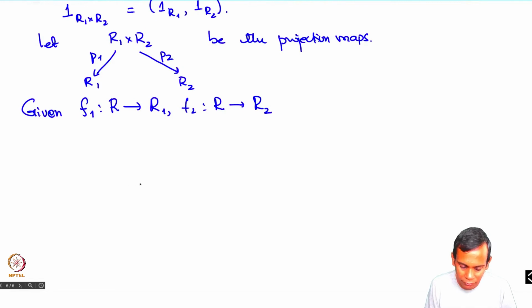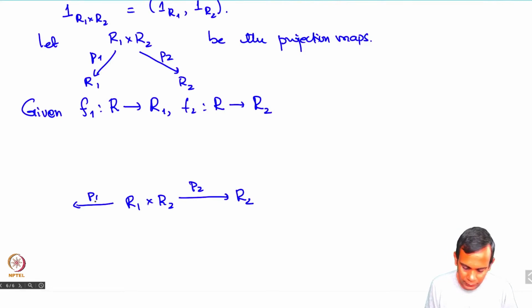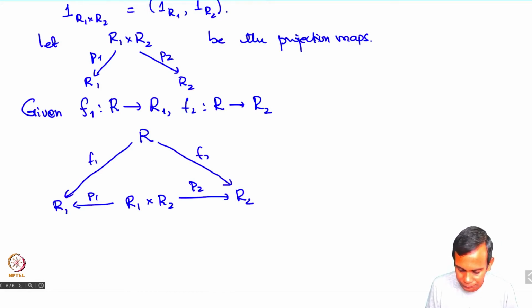So we have R1 cross R2, we have P2 down to R2, we have P1 down to R1, and we have this ring R, and we are given F1 and we are given F2.